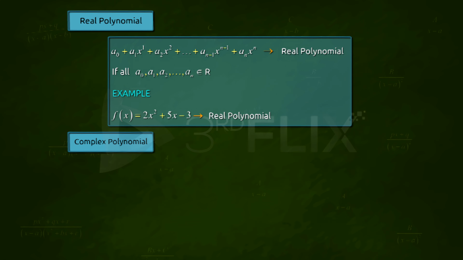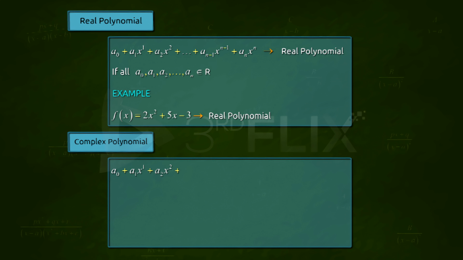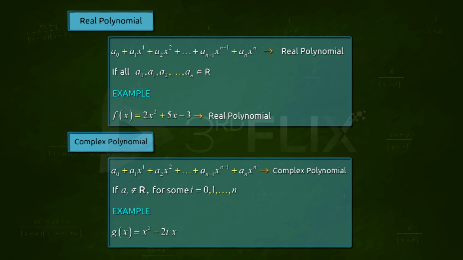Complex polynomial. A polynomial of nth degree is called a complex polynomial if at least one of the coefficients is a complex number. Example, g(x) = x^2 - 2ix + 3 is a complex polynomial since 2i is a complex number.